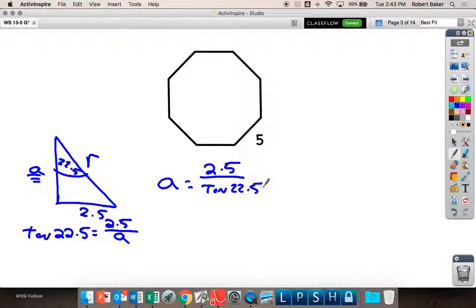What is the only other value that I need to calculate the area of this shape? Perimeter. Well, one side is 5, and it has how many sides? So the perimeter is 40. So 1/2 times the apothem times the perimeter.